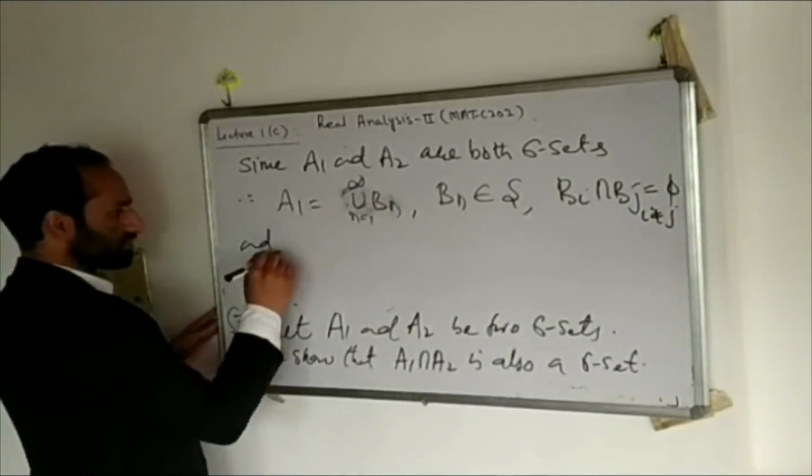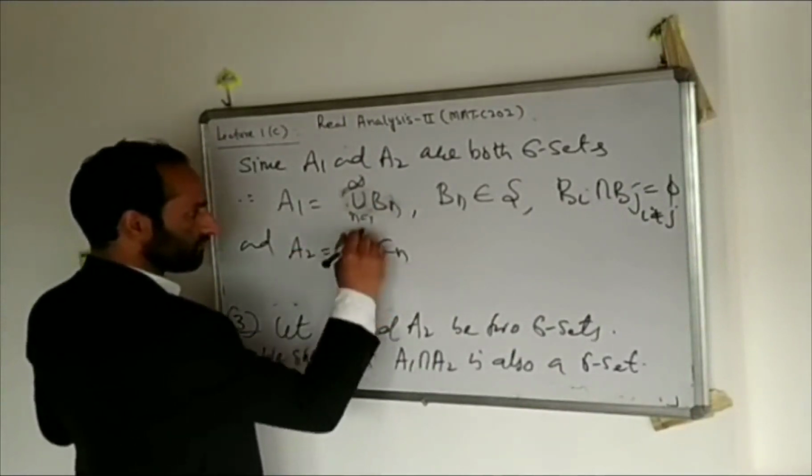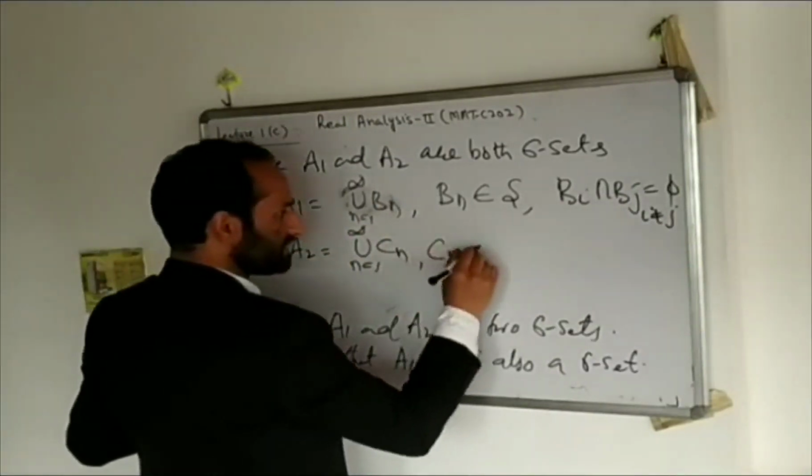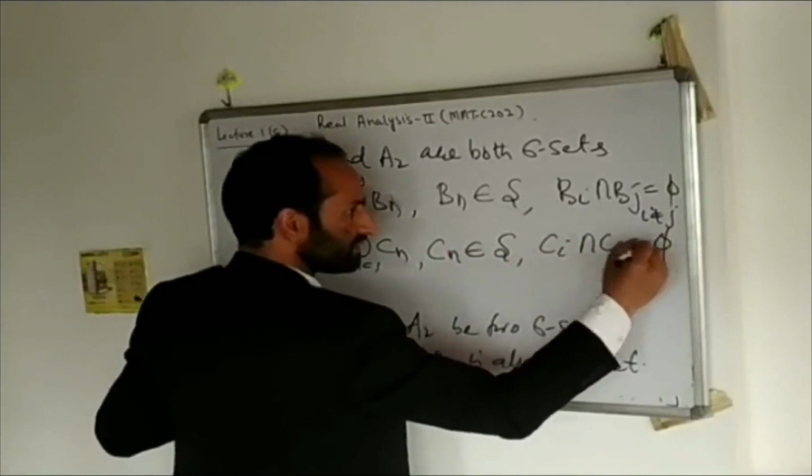And A2 is also a sigma set, therefore A2 can be written as the union of Cn, n running from 1 to infinity, and these Cn's are members of S and they are also pairwise disjoint.